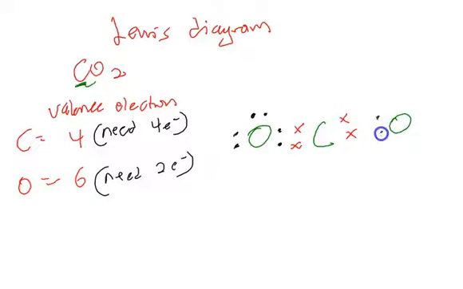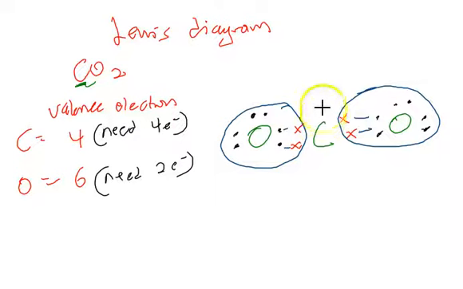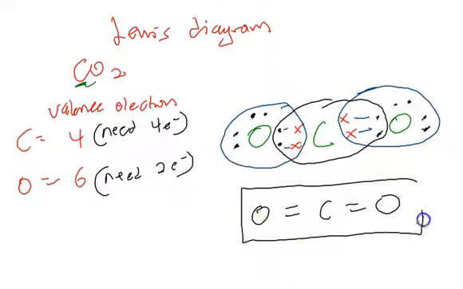So you have 6 of them. So at this part here you have the double bond. So this is for the oxygen, this is for the oxygen, and this is for the carbon. So each of them has already secured 8 electrons in bonding. So here we have double bonds. Okay, so this is the Lewis structure diagram for carbon dioxide.